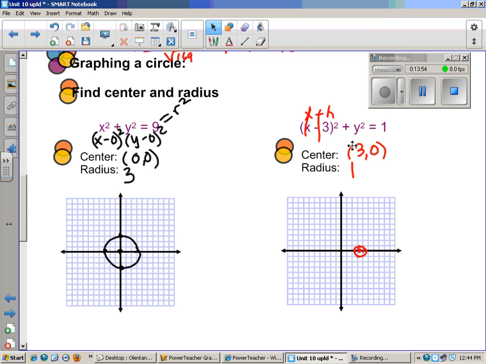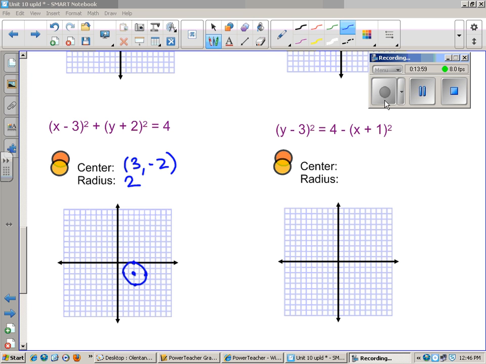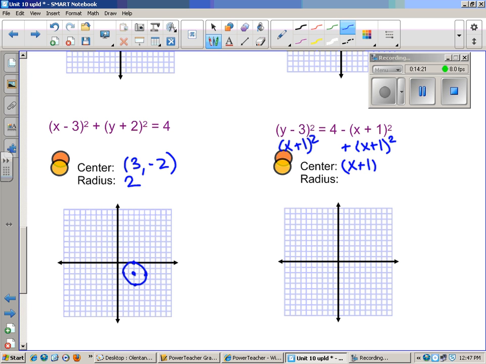I want you guys to try the next one. Find the center. The only glitch in this one is that it's not in standard form, right? So what do we have to do? Add (x + 1) squared to both sides to get it moved over to the other side. So that gives me (x + 1) squared plus (y - 3) squared equals 4.